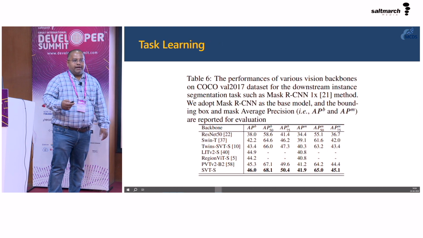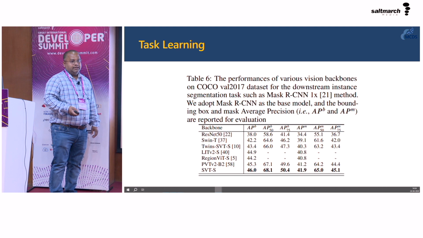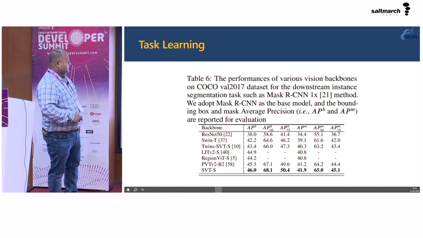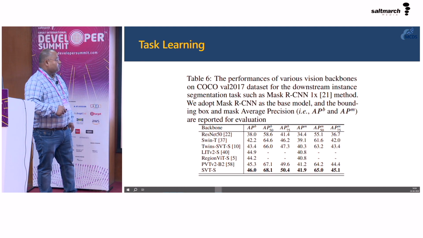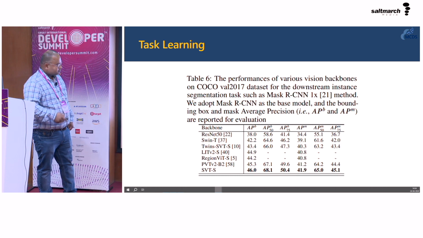So it's kind of an adapter. If you use the adapter technique with SVT, that works well. This is for transfer learning. We learned the image classification task, but if you want to do image segmentation or object segmentation, we show that it performs better than PVT and LITv2.